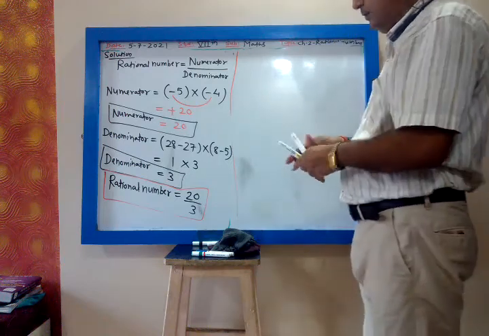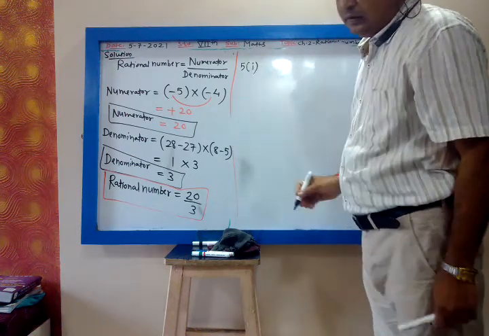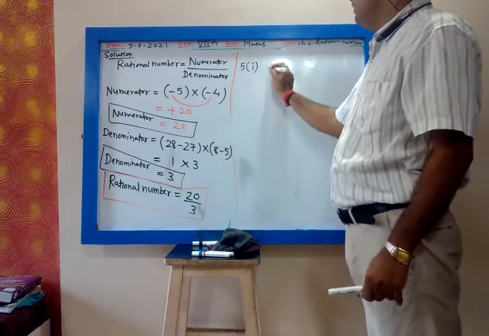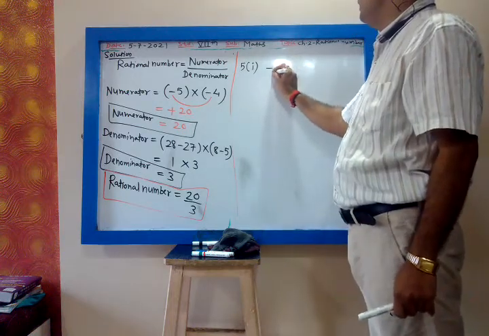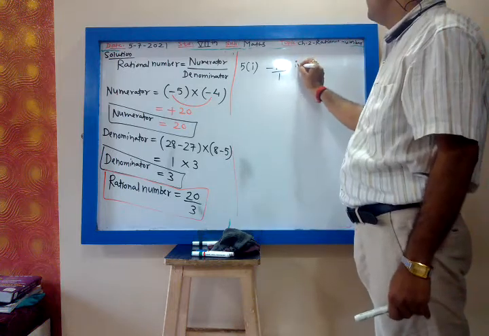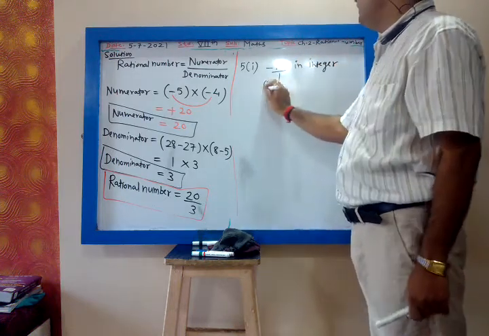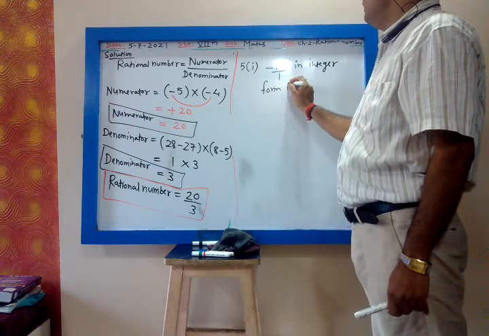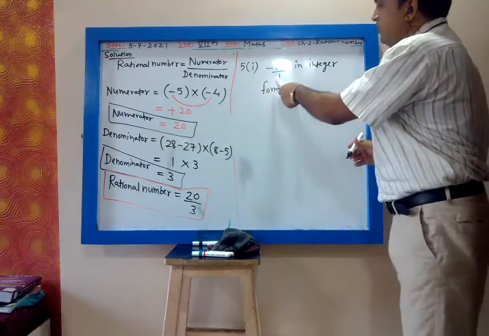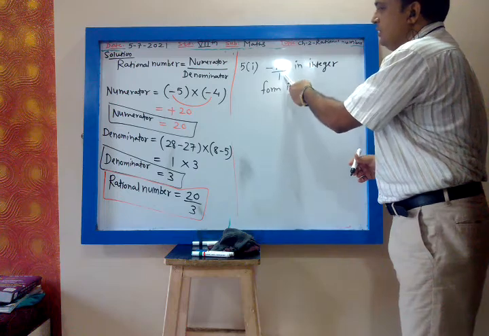Fifth question, fill in the blanks. First: minus 15 upon 1 in integer form is? See here, minus 15 upon 1 is a rational number because you have numerator and denominator.